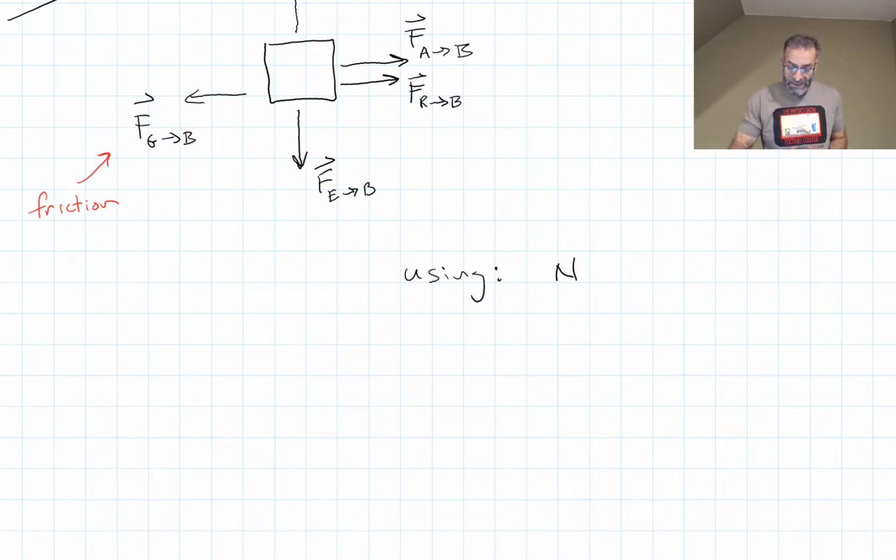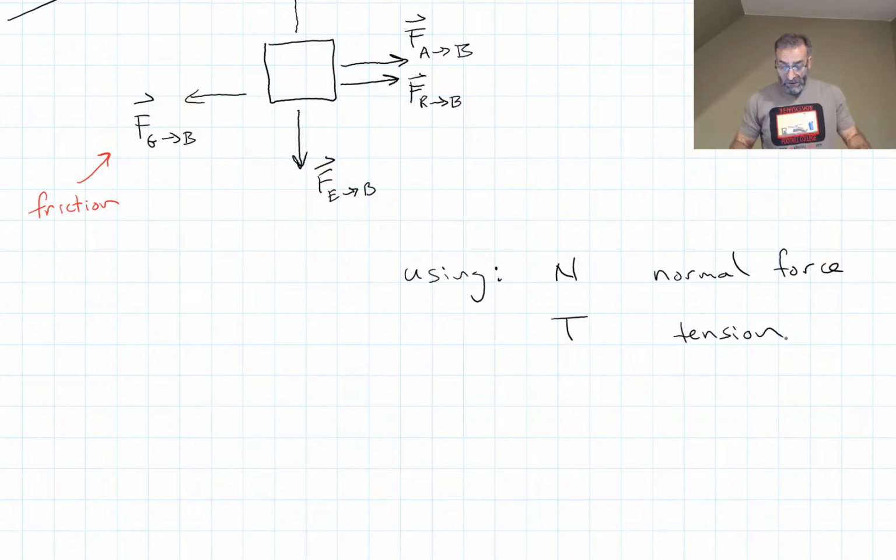We would just put an N there, and then you would know it's a normal force, capital N. Another common one is tension from a string or a rope. Friction is another common one. We typically use a lowercase f. And the force of gravity is a common one.